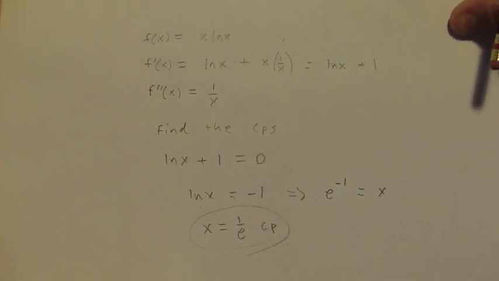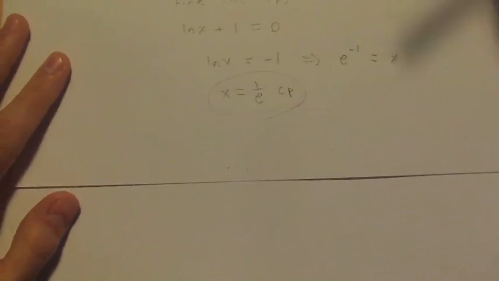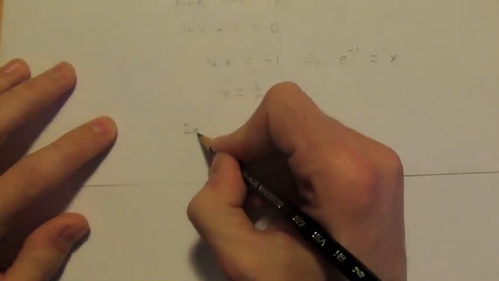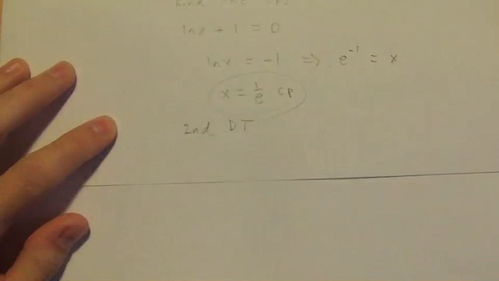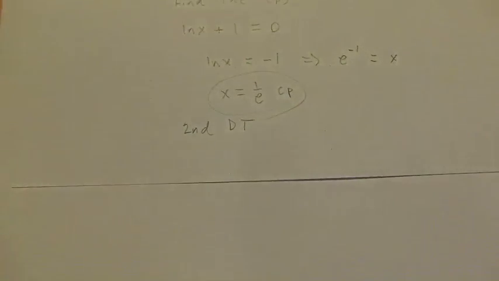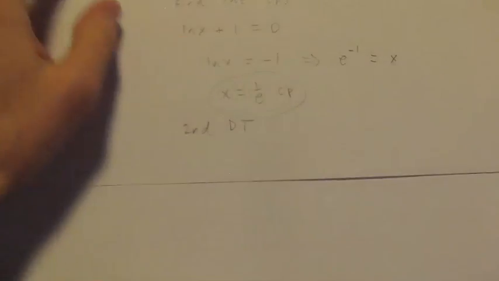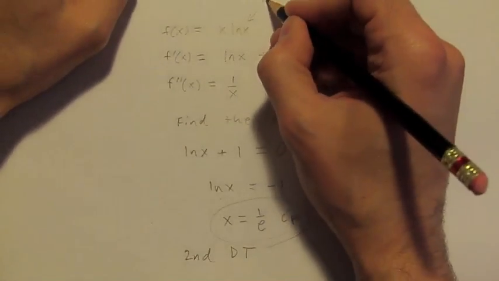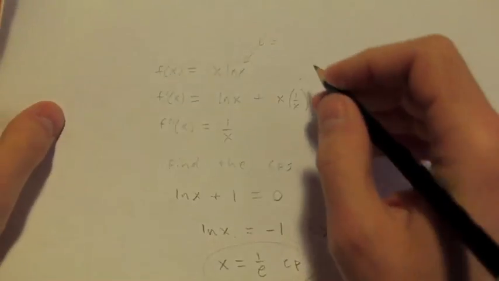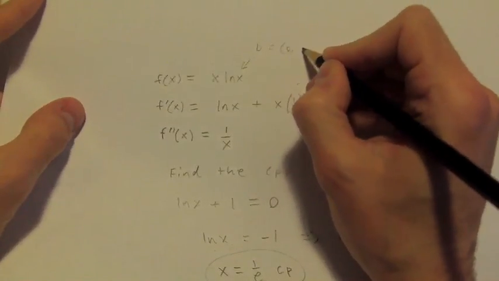Okay. And I'm going to analyze this critical point using the second derivative test. All right, it's going to be super easy because I don't have to worry about picking values to the left and right of 1 over e and all that. And you might not think that that's a big deal, but remember, natural log of x, the domain of this thing, domain is 0 to infinity, right?